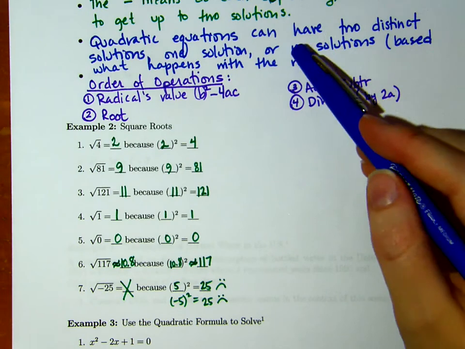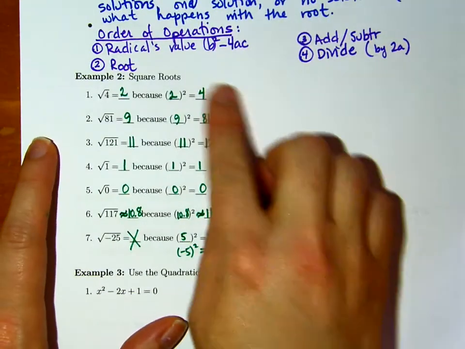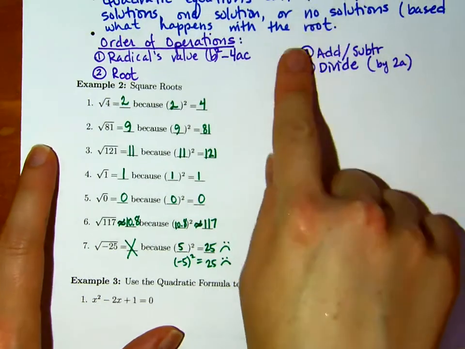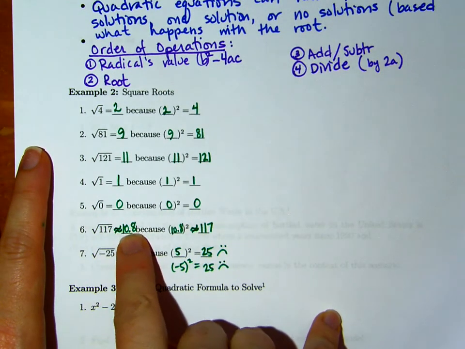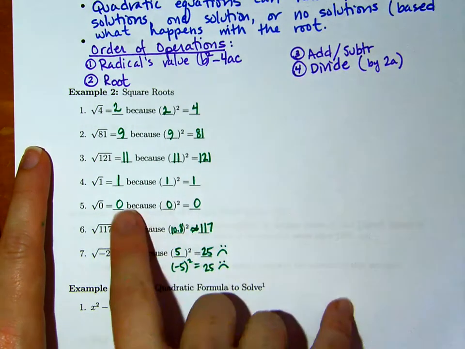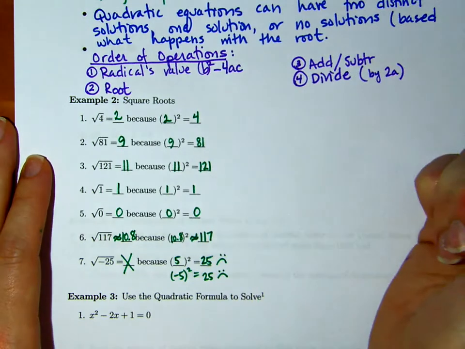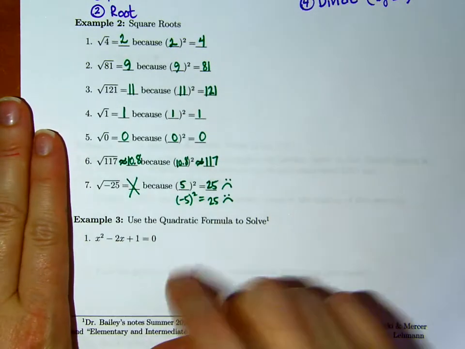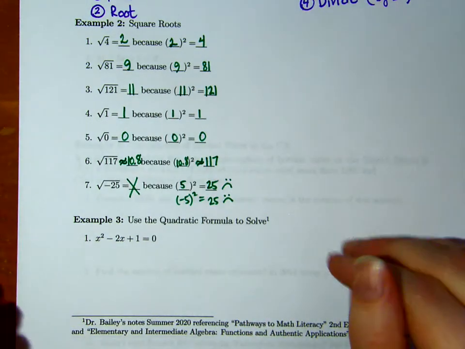Okay, I could have put in the words no real solutions and been more accurate. However, this is the funny business when it comes to that. And a square root being strange is okay, but the square root being 0 is also okay, and that's when there would be one solution. Okay, so in the next example, we are actually going to use the quadratic formula, and then we're going to apply it to a situation.